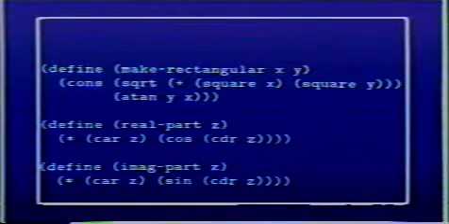If you want to get the imaginary part, it's r times the sine of A. And if I hand you a real part and an imaginary part and say, make me a complex number with that real part and imaginary part, well, I figure out what the magnitude and angle should be. The magnitude's the square root of the sum of the squares, and the angle's the arctangent, and I put those together to make a pair. All right, so there's Martha's idea.